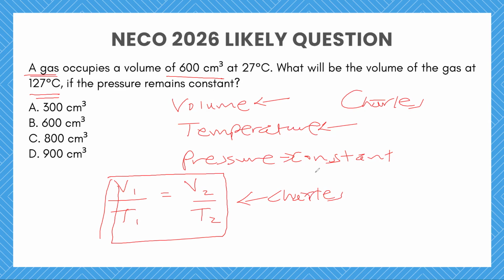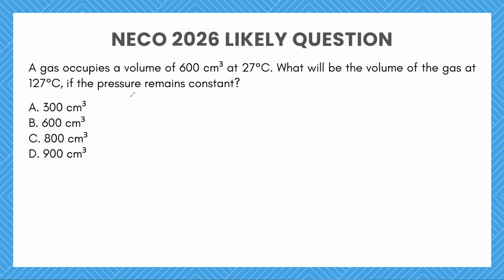So let's go ahead and solve this question. So we have V1 standing for initial volume, I beg your pardon, initial volume. And then we have T1 standing for initial temperature.